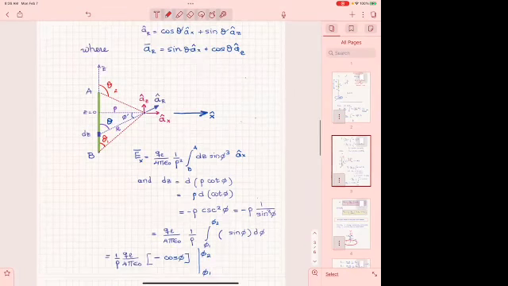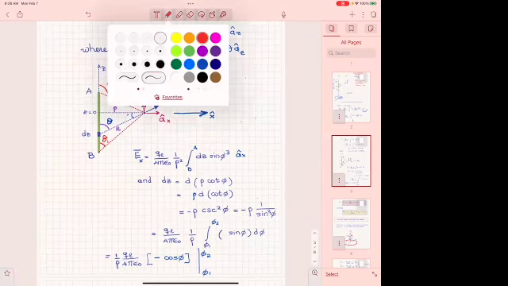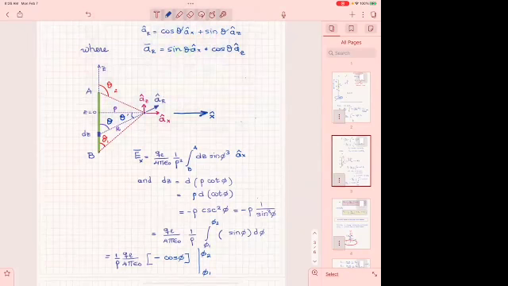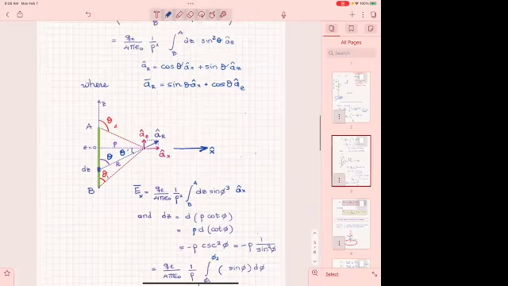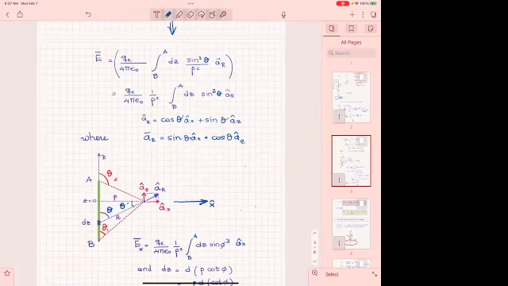Okay. And then here also, we have theta prime. All right. So now, a sub r, you see that vector here that I decompose into one x component and the other z component. According to that, a sub r is going to be either in this form or in this form.